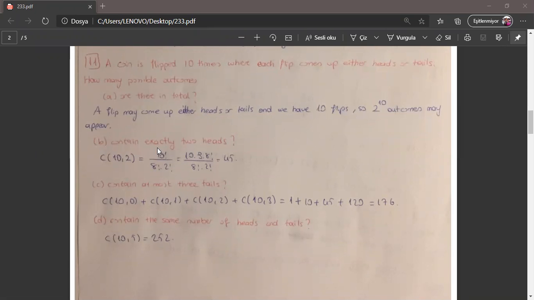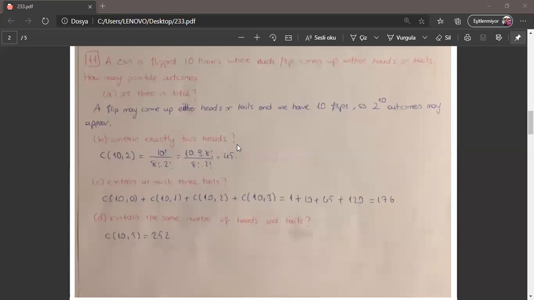Now for B, we want to find the number of outcomes that contain exactly 2 heads. As we did before, it's enough to choose 2 of them to flip out of 10. So we compute this 10 choose 2, the combination. So we get this number.